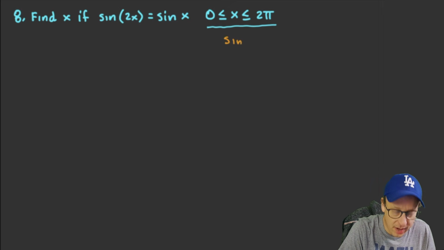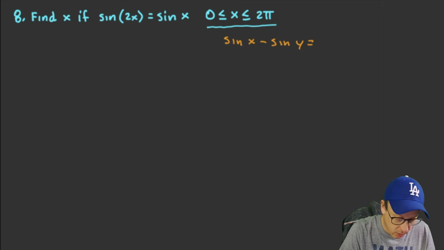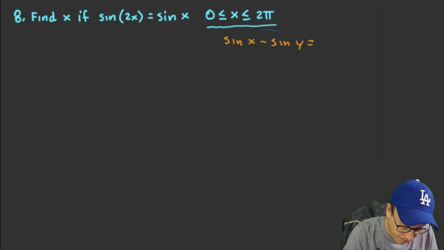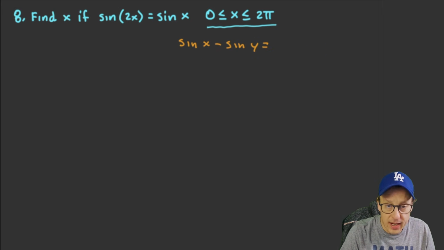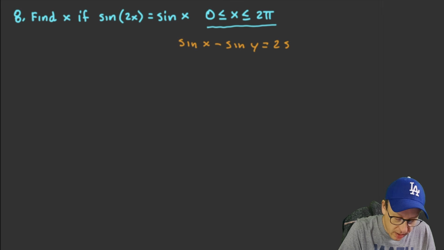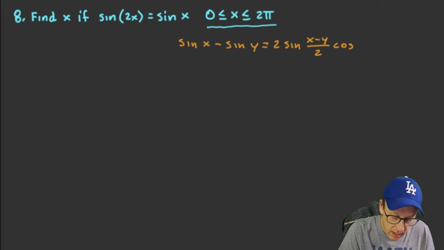And what it says is if I have sine of x minus the sine of y, that is going to be equal to, guess what, I need more space. This is a complicated sort of rule. Okay, so this is equivalent to 2 sine of x minus y over 2 times the cosine of x plus y over 2.